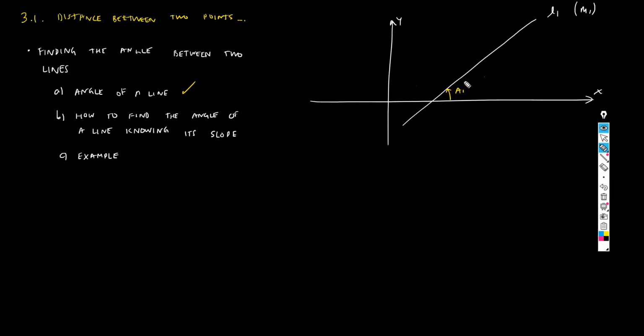If you remember, guys, the slope is basically the rise over run. Do you remember that definition? Slope is equal to rise over run. What do we mean by this?